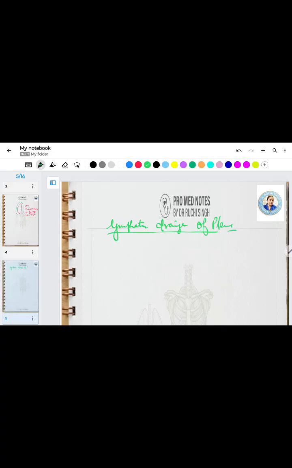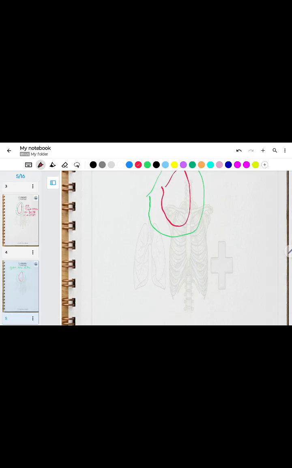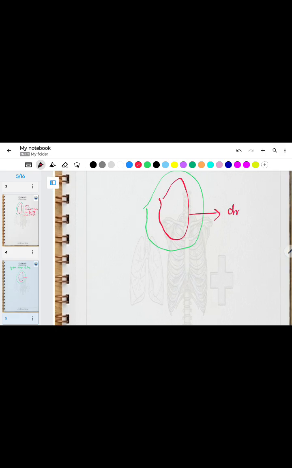Okay, so as you all know, there are two pleura, visceral pleura and the parietal pleura. So, what is the lymphatic drainage? The visceral pleural layer drains fluid accumulated from interstitium into the interlobar and hilar lymph node.